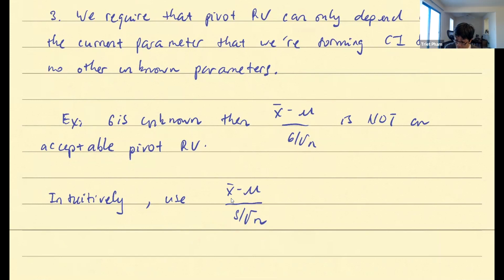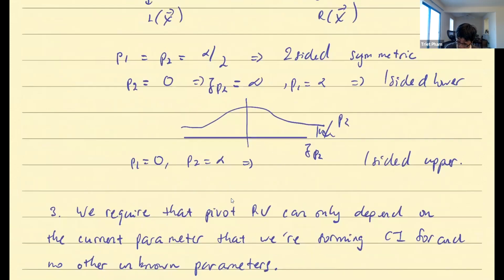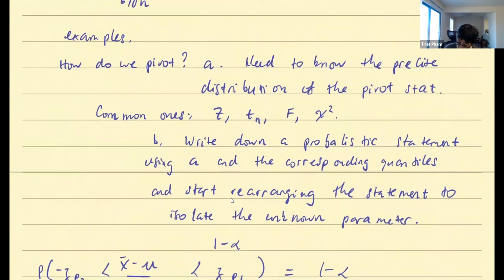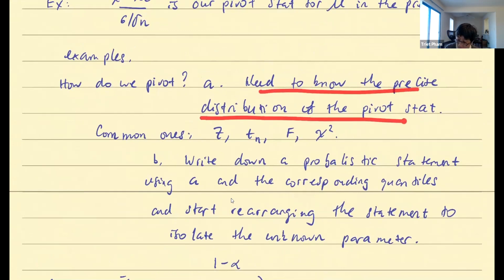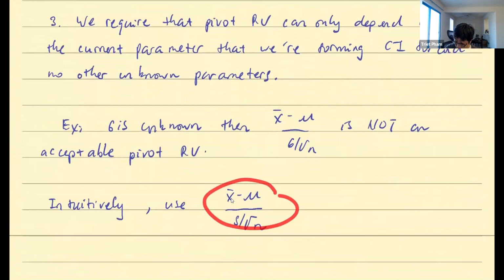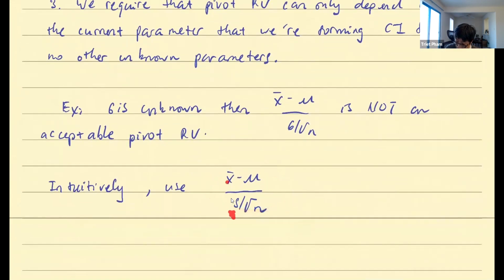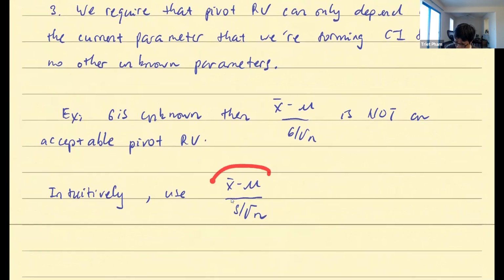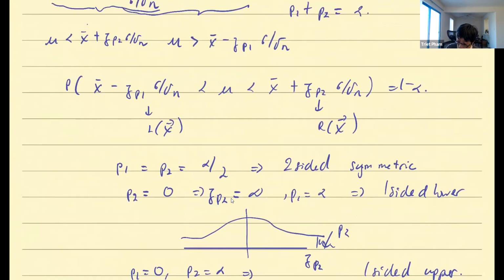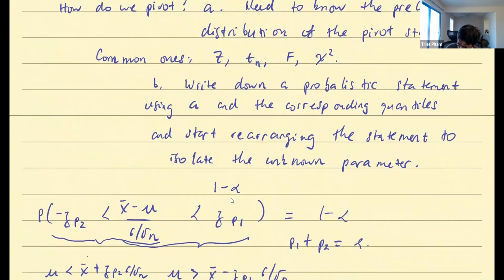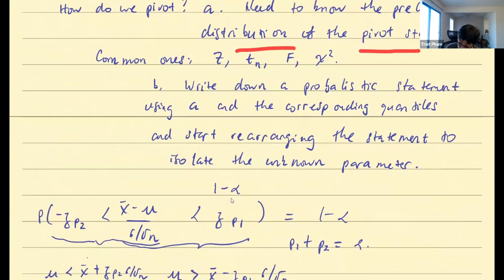But of course, now you go back to square one, meaning you need to know the precise distribution of the new pivot statistic, because it is different now. This is random, this is random, this is no longer a standard normal, so you need to know its exact distribution. Once you know its distribution, you play the same game again.